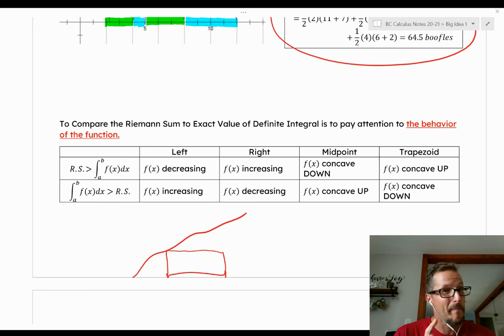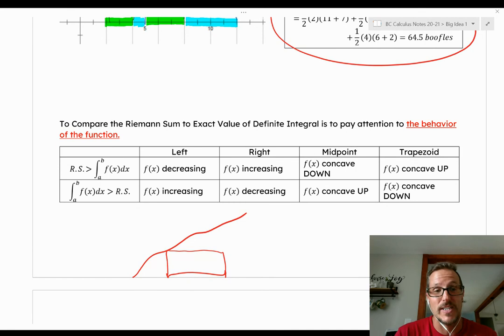And there might be a case where the Riemann sum is just right. And just right in this case would be the exact value of a definite integral. You're going to be awfully lucky if you can get the Riemann sum to be the exact value. But we'll talk more about finding the exact value in a couple weeks' time. Be ready for that. That's going to be awesome.